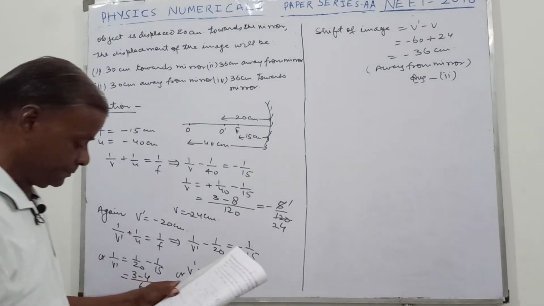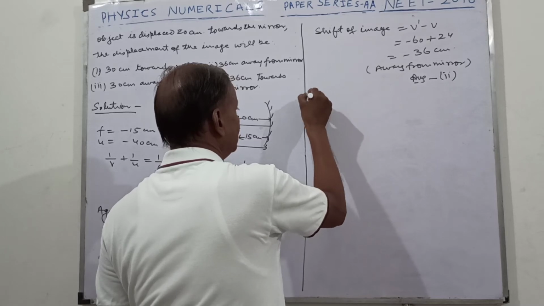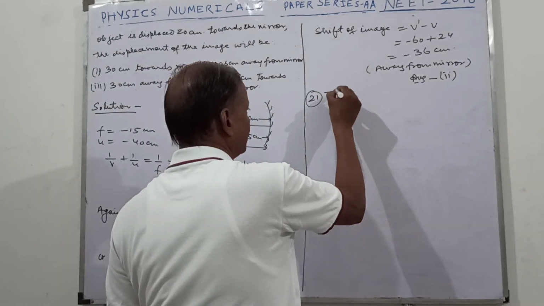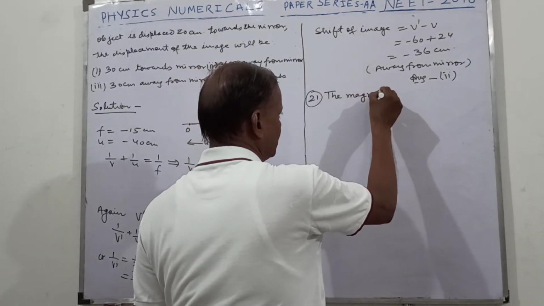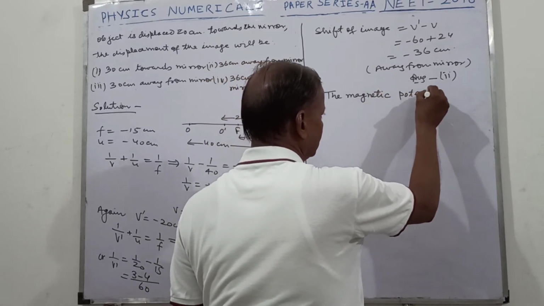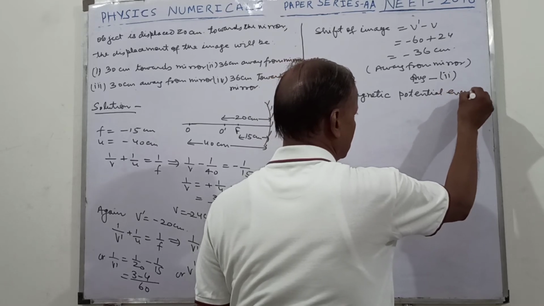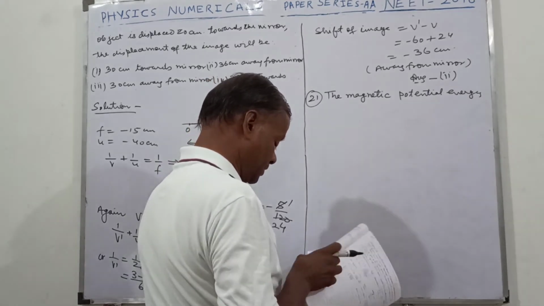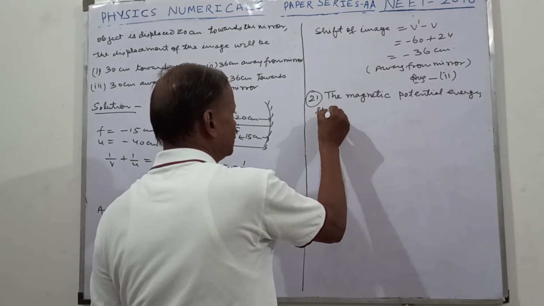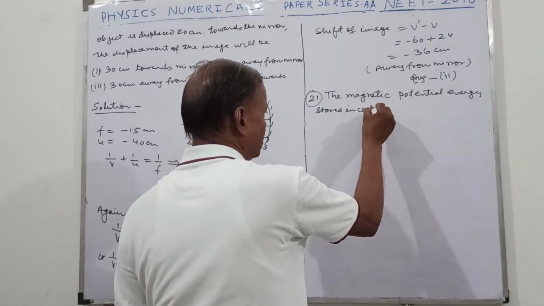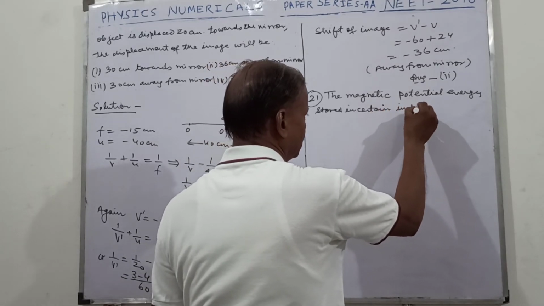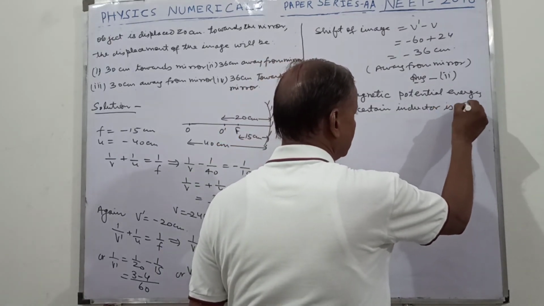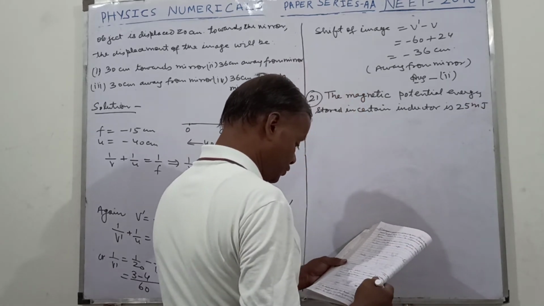Now question number 21. The magnetic potential energy stored in a certain inductor is 25 millijoule.